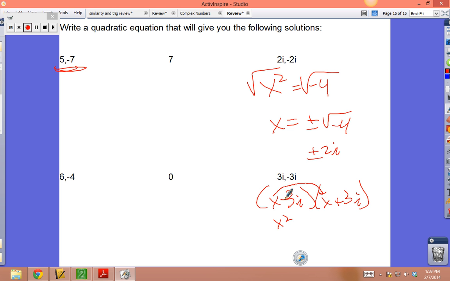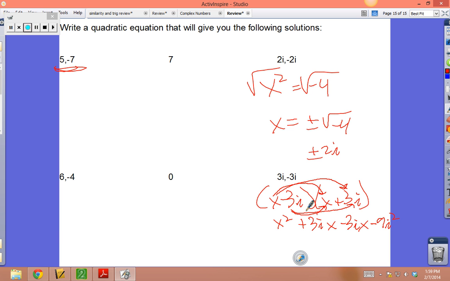What's x times 3 imaginaries? 3 imaginaries x. What's a minus 3 imaginaries times x? What's a minus 3i times 3i? A negative 9i squared.